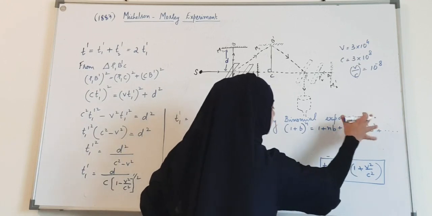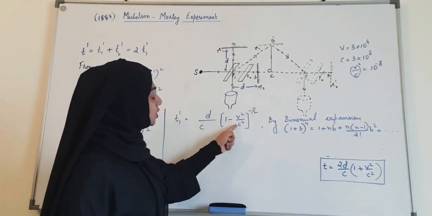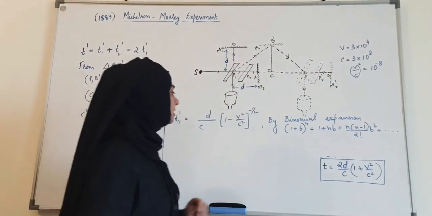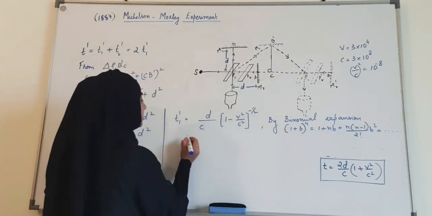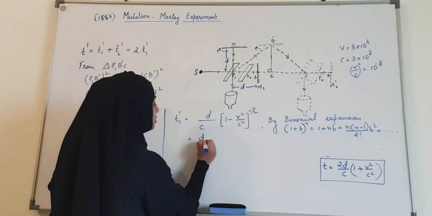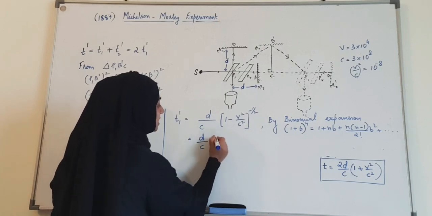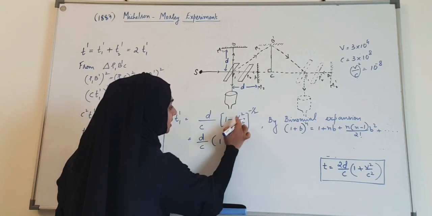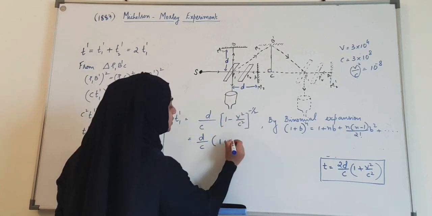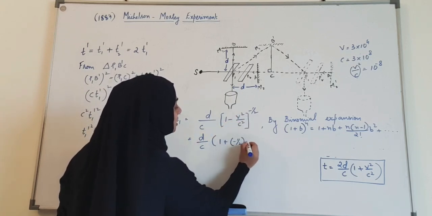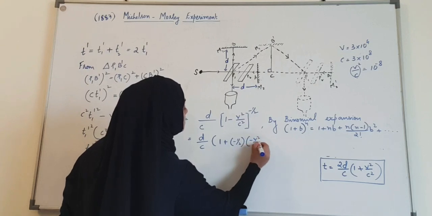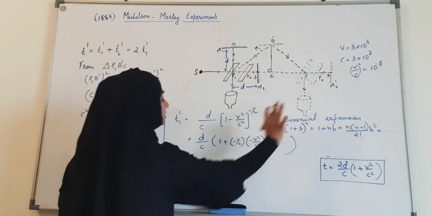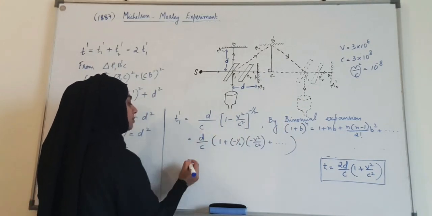And we will be neglecting the higher powers of v square by c square for the same reason we discussed earlier. So we have here, this is equal to d by c times 1 plus, b is minus v square by c square, so minus half times minus v square by c square plus etc., which we will neglect, the higher powers of v square by c square.